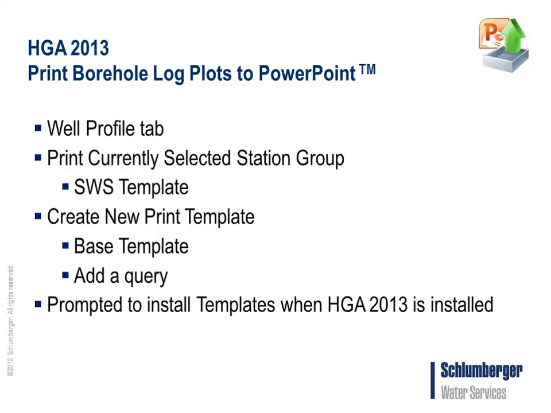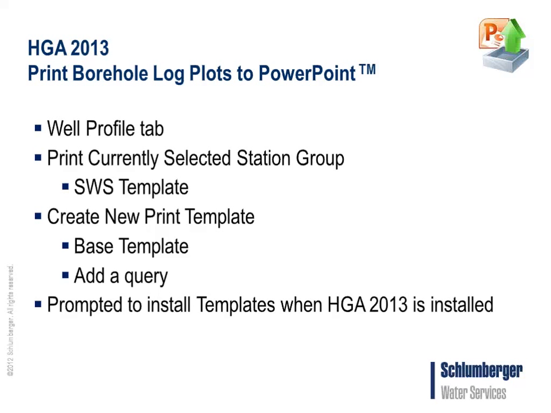You have an option to print the currently selected station group. So as many stations as are in the current station group will be printed out to the template. And we include an SWS template, but of course we recognize the fact that most everyone wants to create their own template. So we also have an option where you can create a brand new template.